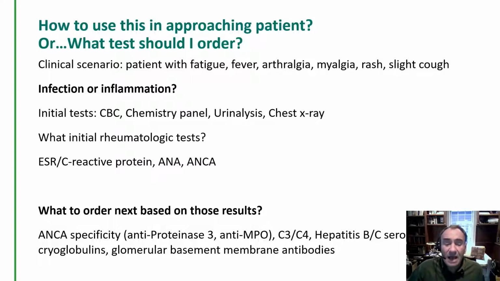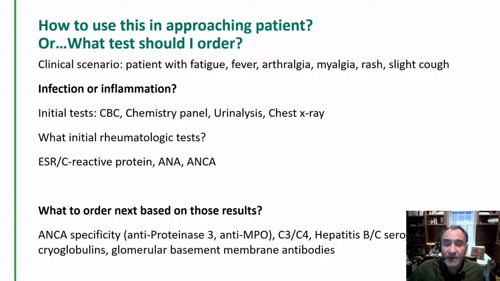And in that case, I would in fact do a specific test looking for anti-proteinase 3 or anti-myeloperoxidase. Similarly, if ANA was positive, I would do those tests to confirm and to get a sense of potentially how high those antibodies are, because sometimes they go up and down with activity.